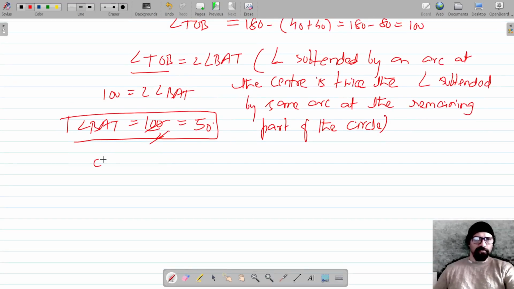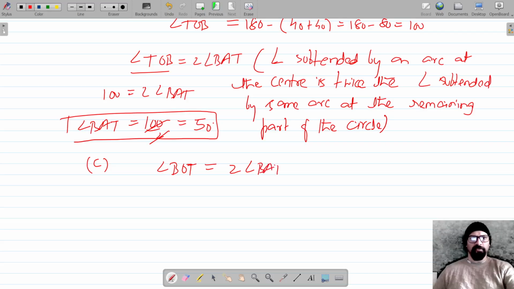So this is C. We have to find angle BOT. So this is angle BOT, which should be twice. So I can write that angle BOT is twice. We already got that the angle BOT is twice of angle BAT.